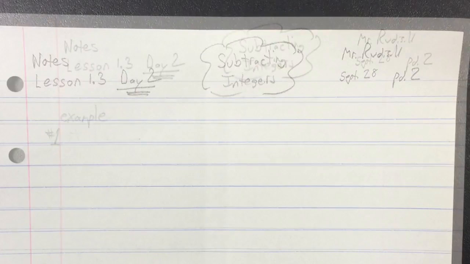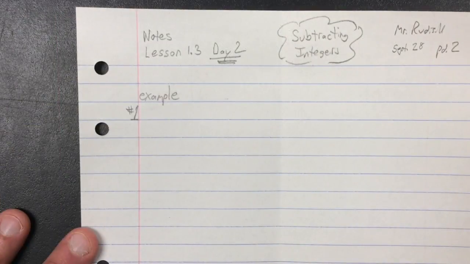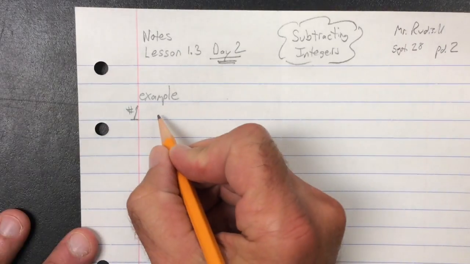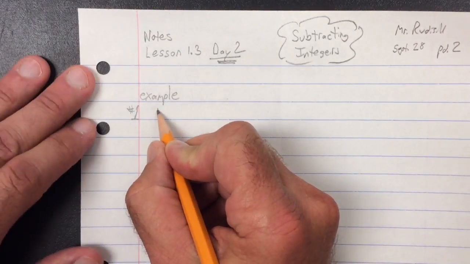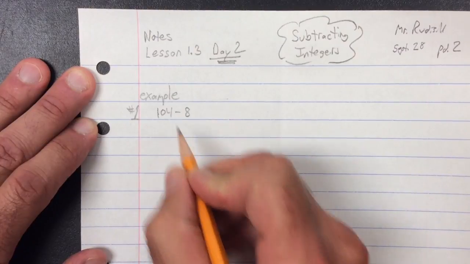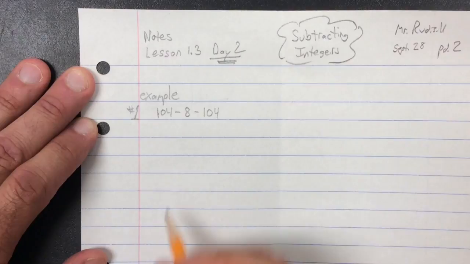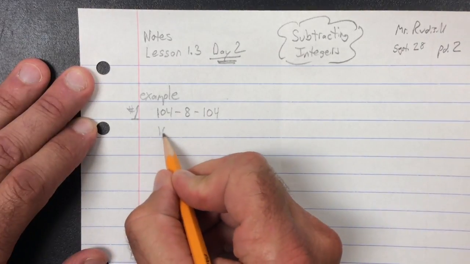So let's start on the left-hand side with example number 1. So our first example starts with 104. Then we're going to subtract 8 and then subtract 104 from that. So our plan is to change each subtraction into an addition using the opposite.